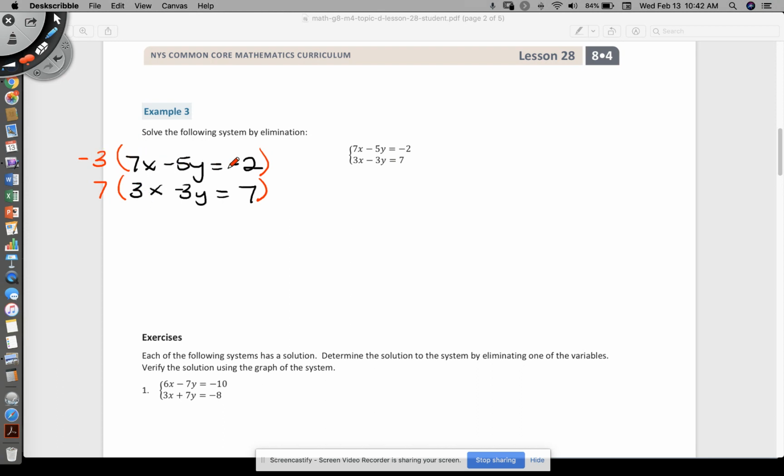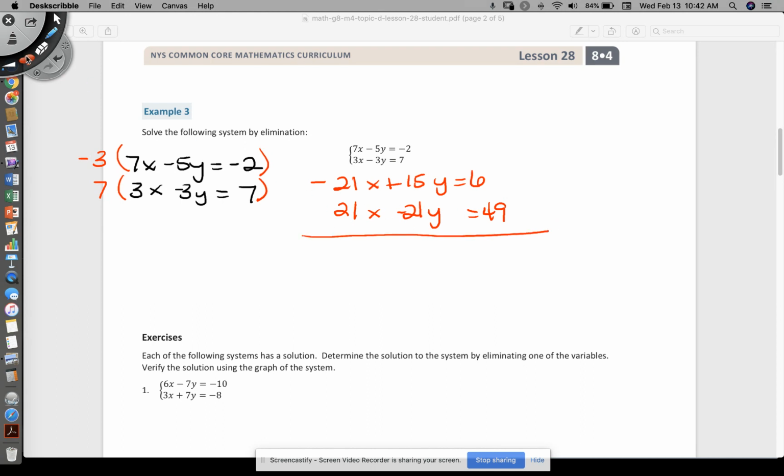So everything up here gets multiplied by -3, and everything down here gets multiplied by 7. So I wind up with -21x plus 15y equals 6. And then in the bottom, we have 21x minus 21y equals 49.